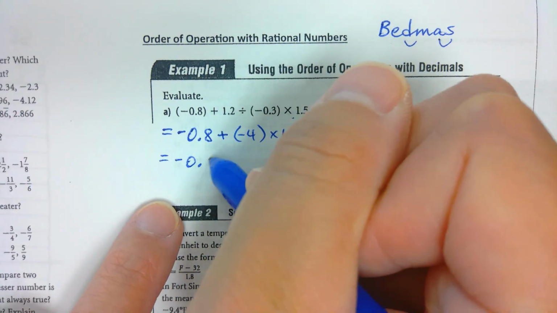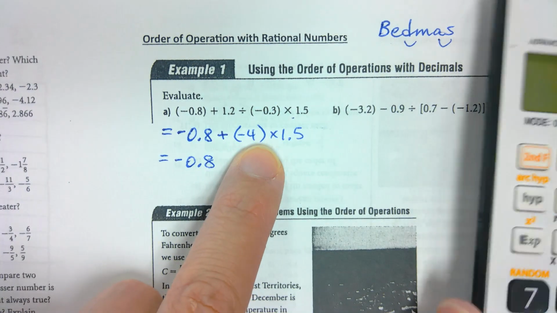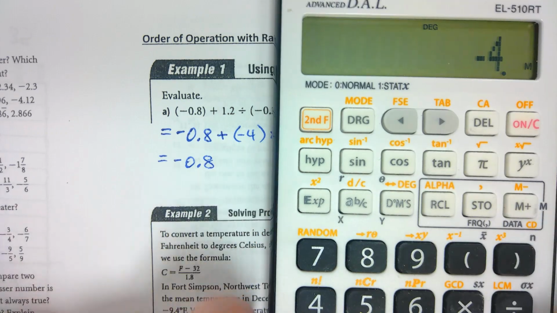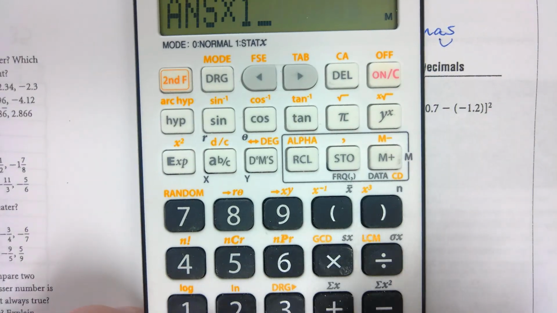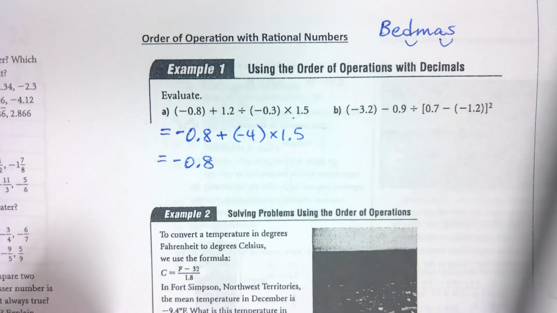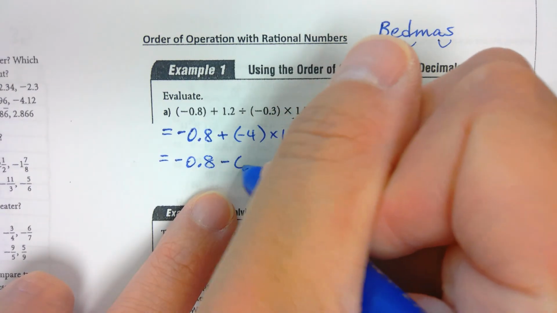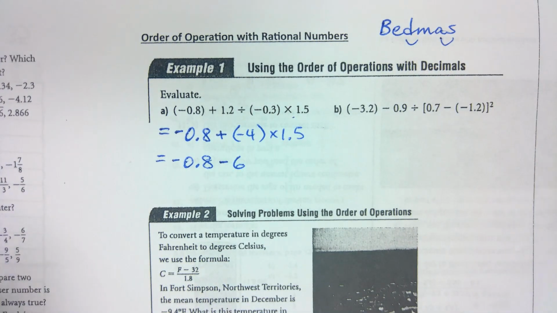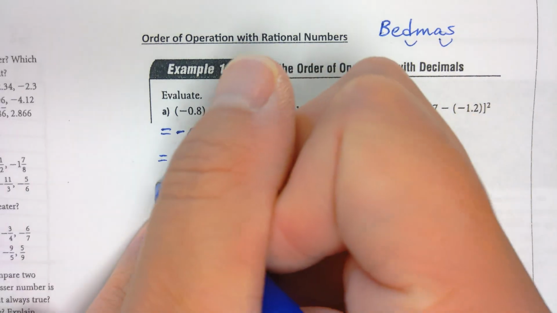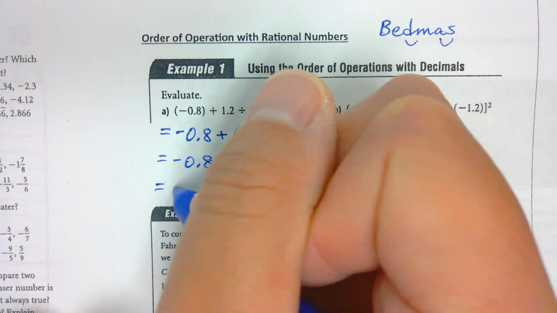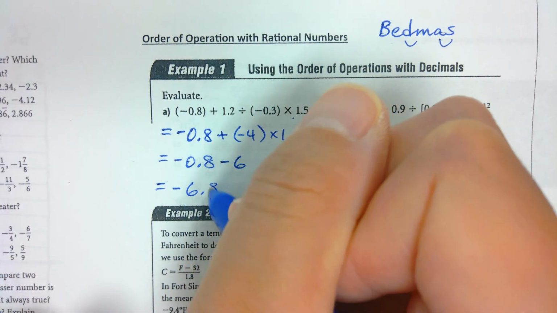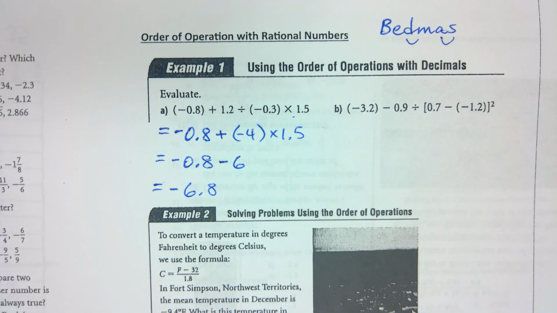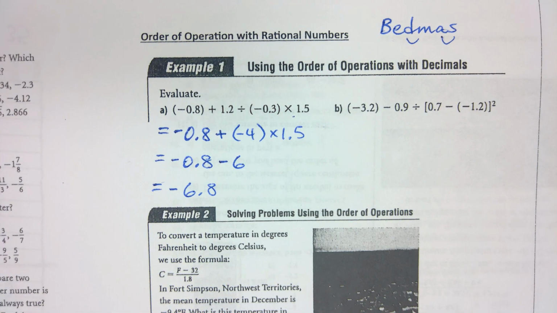Negative 4 times 1.5, I get negative 6. So plus negative 6, or just simply minus 6. And then when you do this on your calculator, you get negative 6.8.